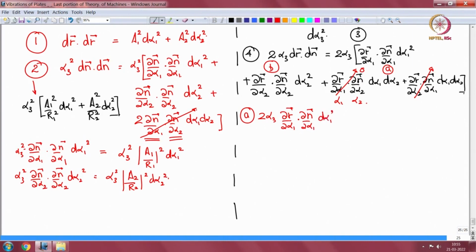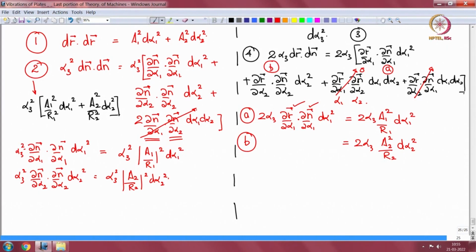Both of these we know before. Okay. This is A1, and this is A1 by R1. So, we get twice alpha 3 A1 square by R1 d alpha 1 squared. Okay. Similarly, the B term. The B term is equal to twice alpha 3 A2 squared by R2 d alpha 2 squared.